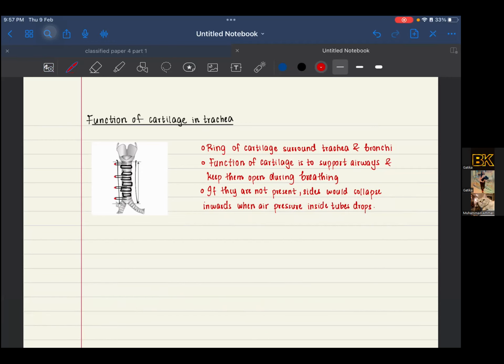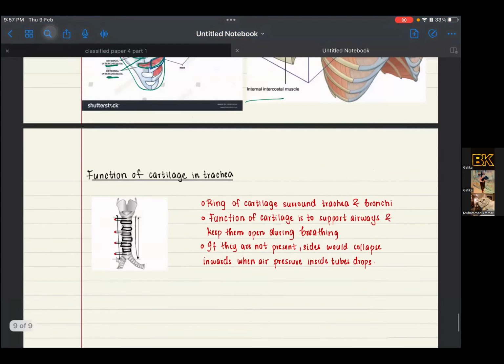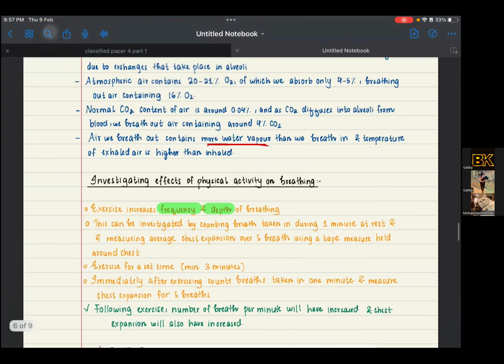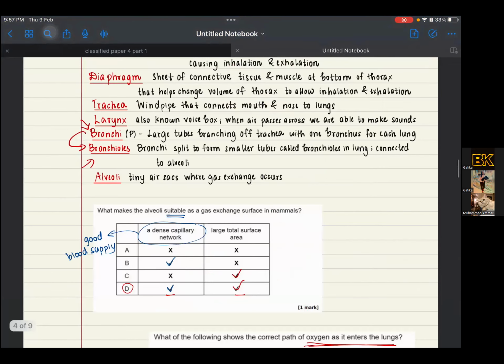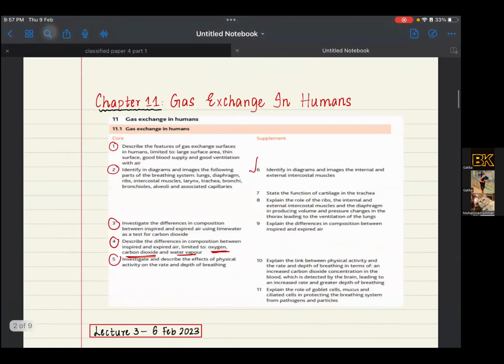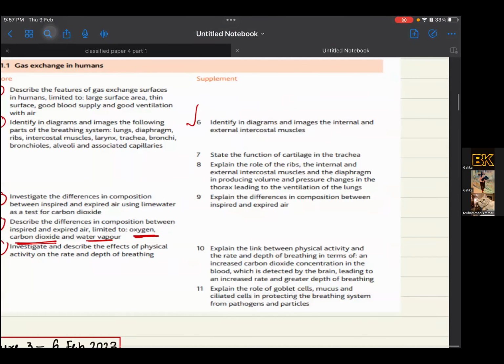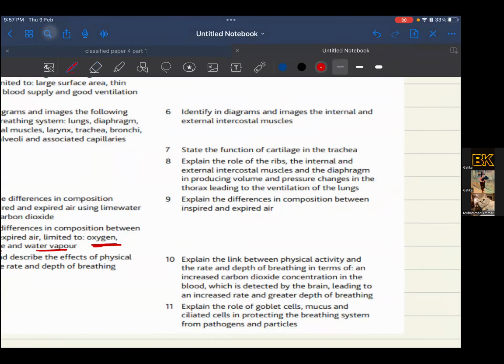Moving on, we're done with this. Okay, you see here, we did identify the diagram and images of the internal and the external muscles, right?